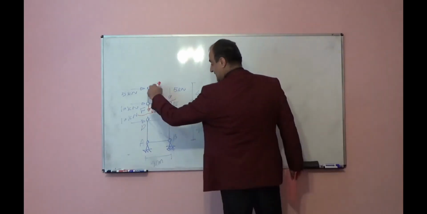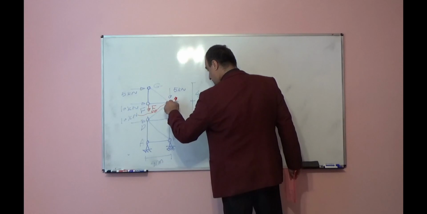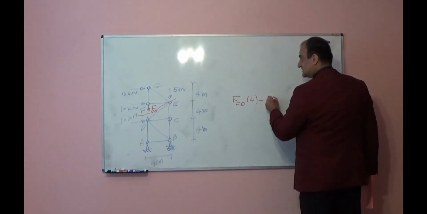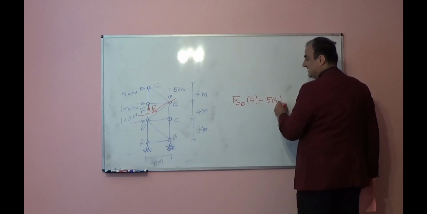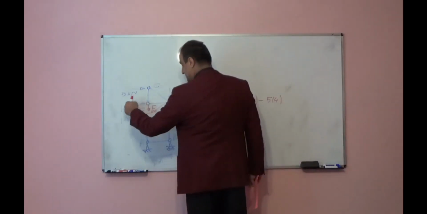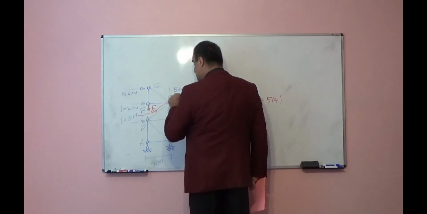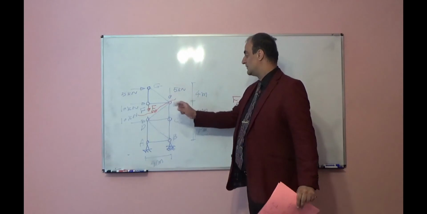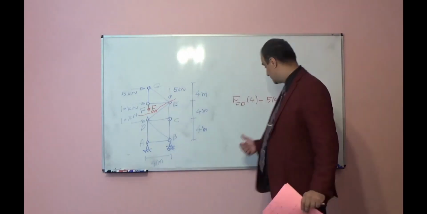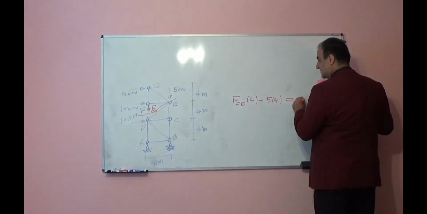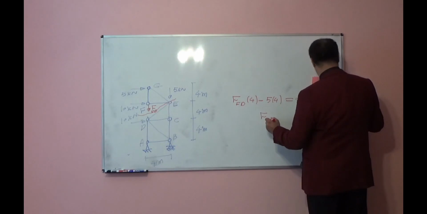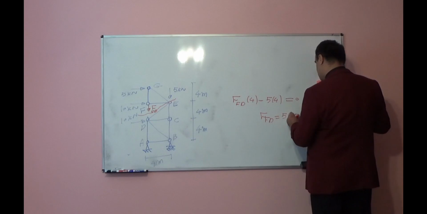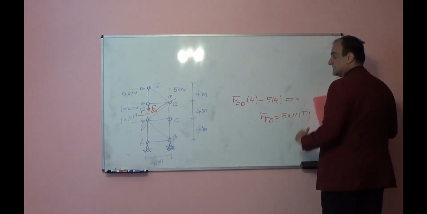It wants to rotate this triangle with respect to point E counterclockwise, so positive. Minus 5 times 4, 10. You see, this force is passing through E, so it will not create moment. With respect to point E, the 5 will not create any moment, so this is equal to 0. From here, I can find FD is equal to 5 kilonewton, and it is tension.